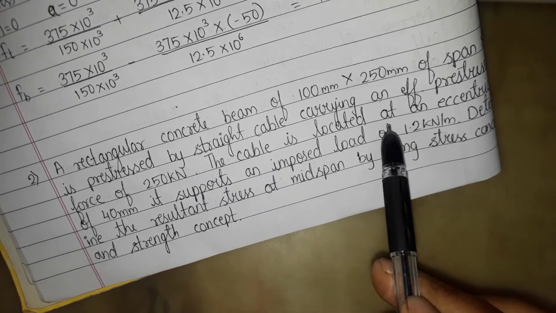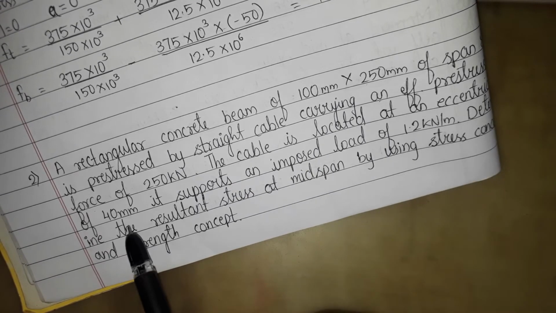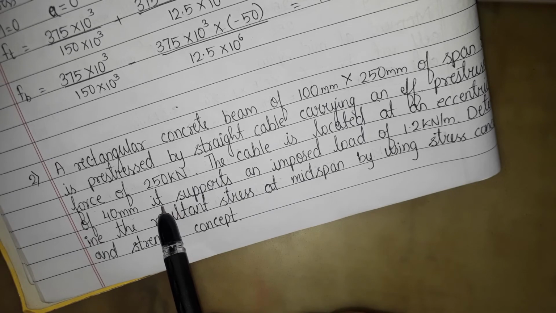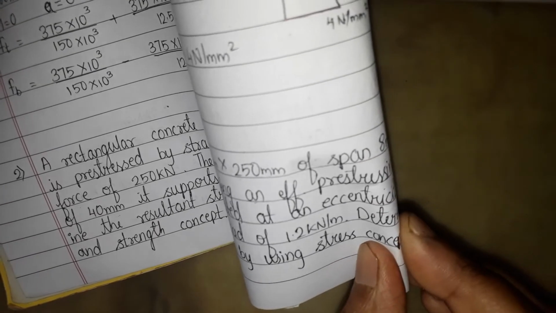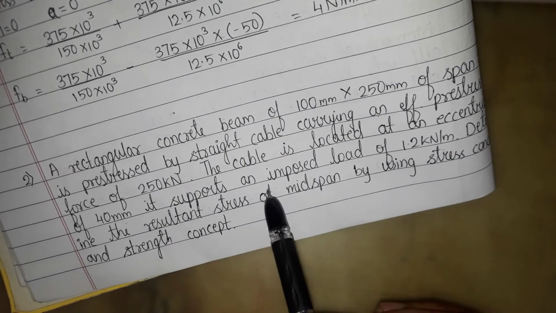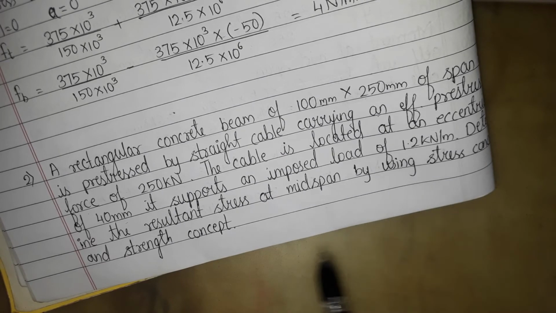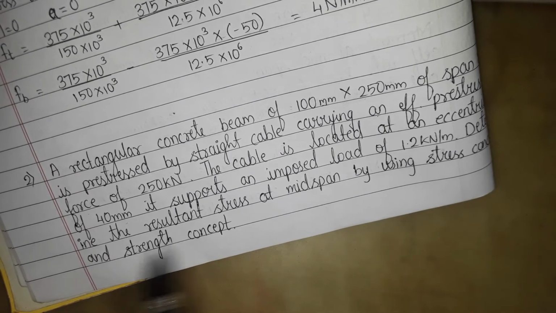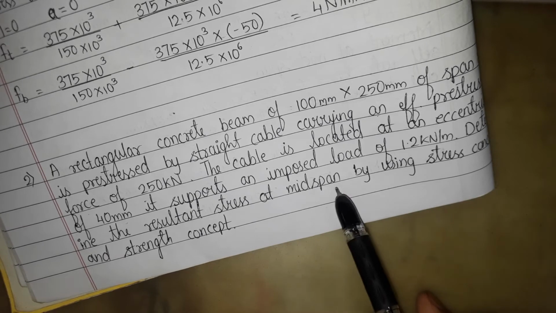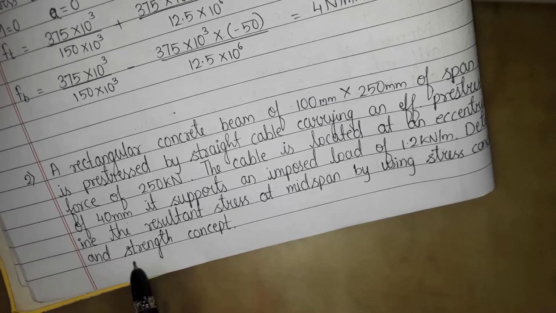The cable is located at an eccentricity of 40 mm. It supports an imposed load of 1.2 kN per meter. Determine the resultant stress at midspan by using stress concept and strain concept.